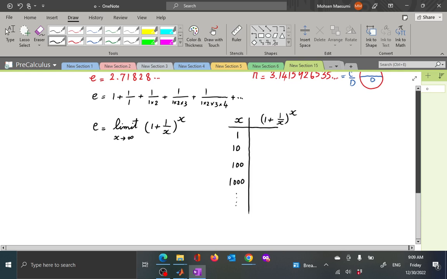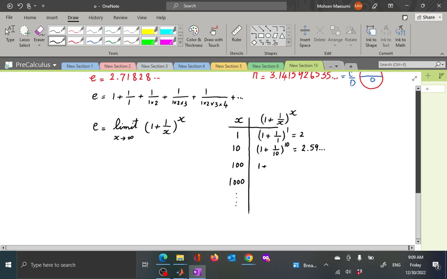Every time take a jump by a factor of 10, so I take these x's and put them in my formula. Well, the first one is very easy. It's just 2. Now, what if instead of that I put 10? To raise to the power of 10, you need your calculator. And if you calculate it, you get something like 2.59, etc. We are coming close to the number that we are targeting here.